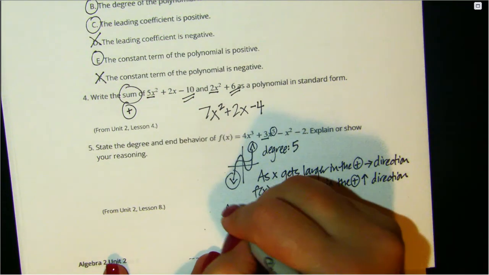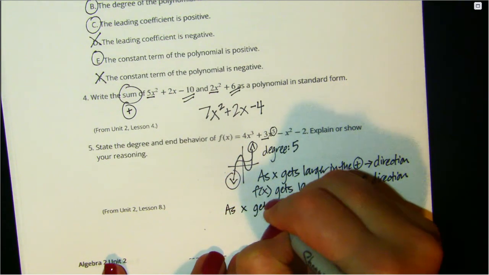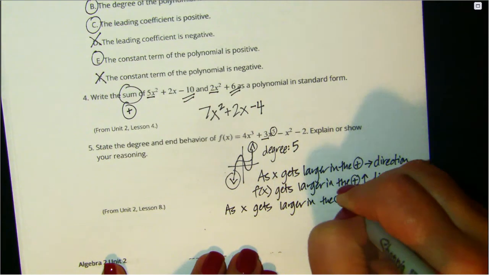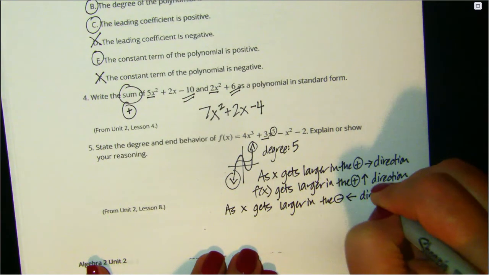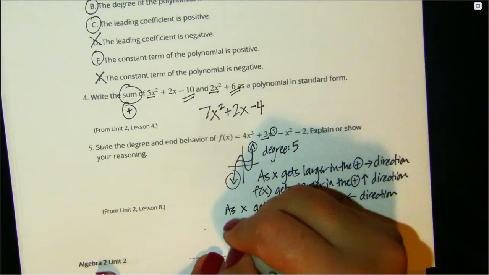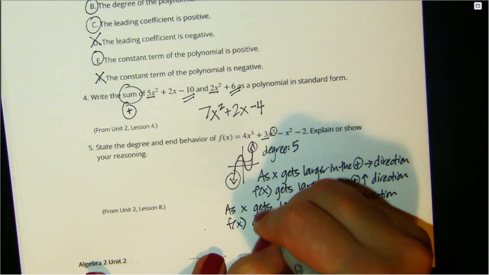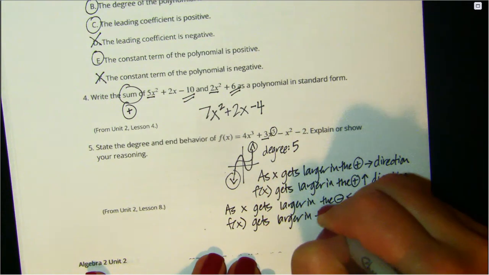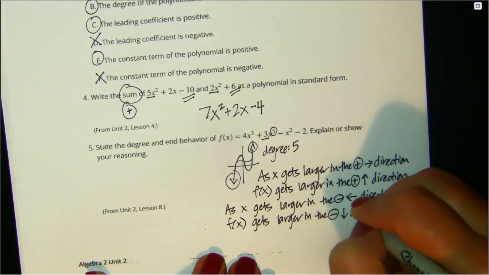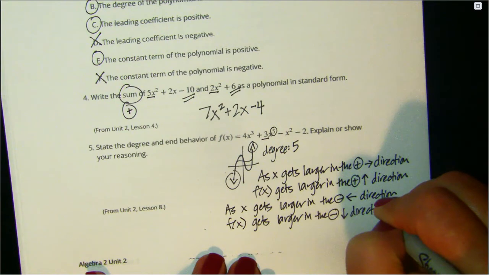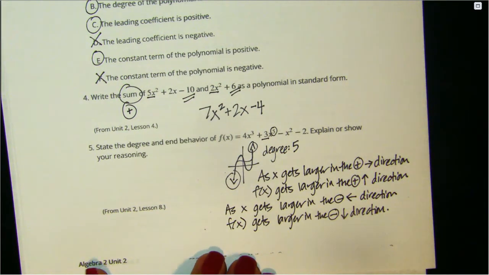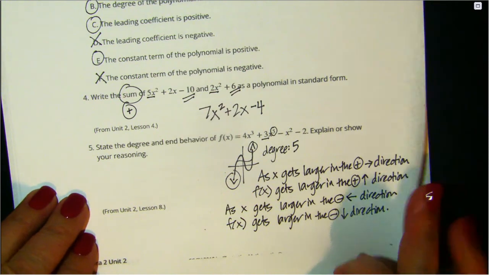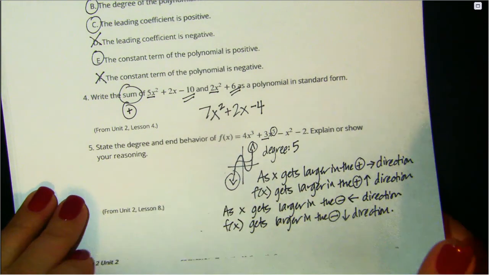And then as x gets larger in the negative direction, f of x gets larger in the negative direction. A lot of writing. Okay, that was number 5.